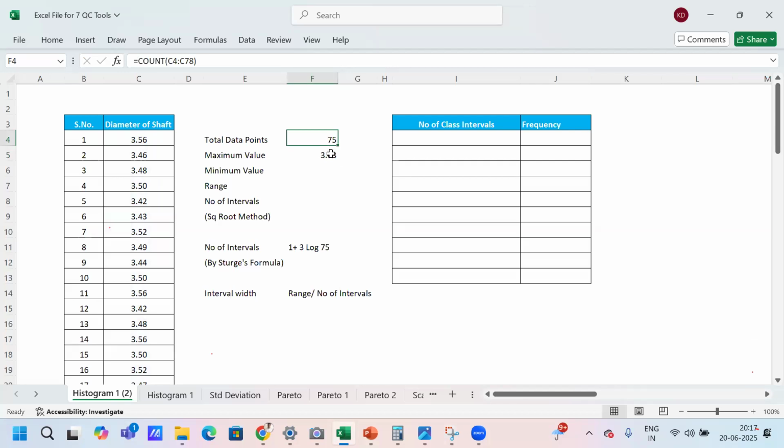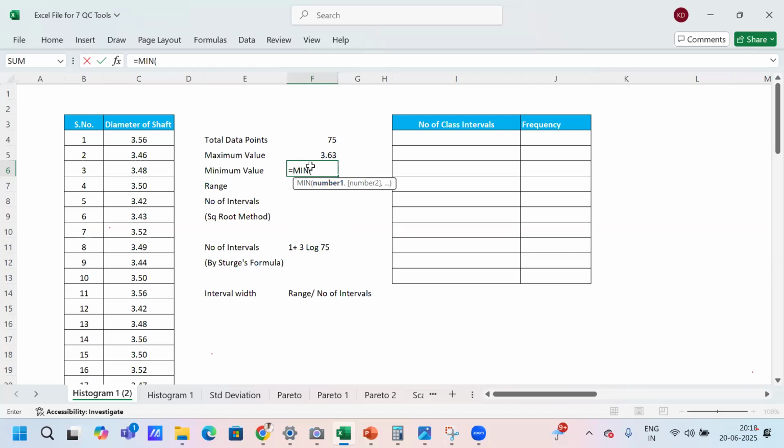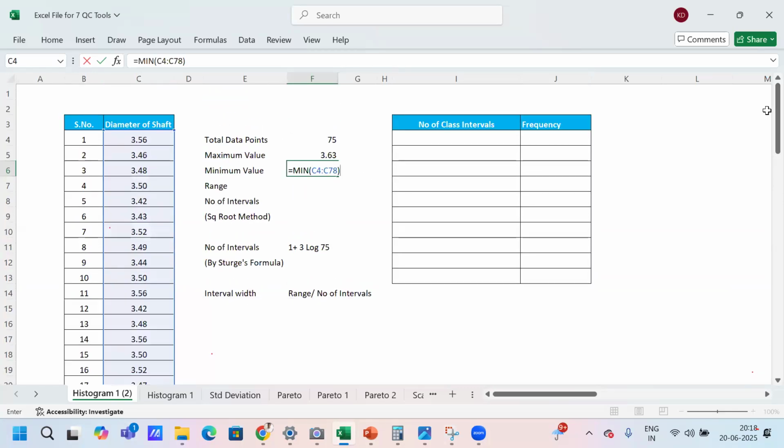He counted. Then I told him to calculate the maximum value, and now the minimum value. The formula I told Akash is equal to minimum. So 3.30 is the minimum value.